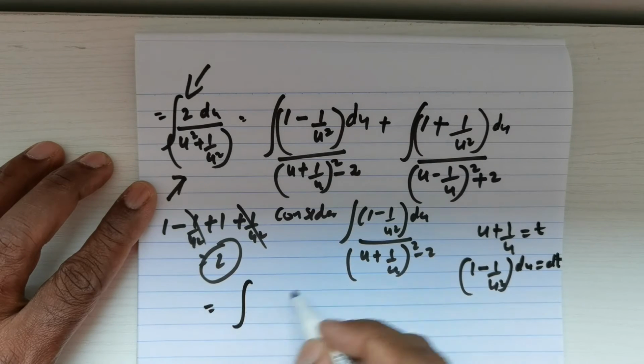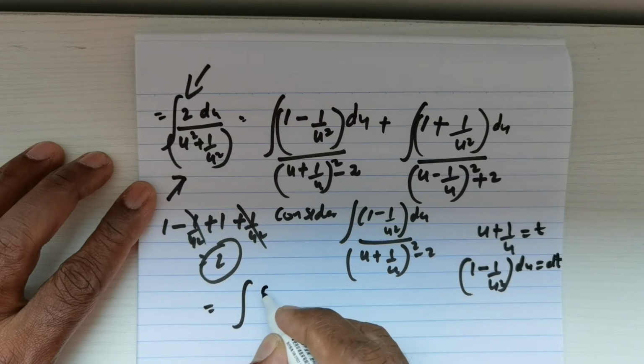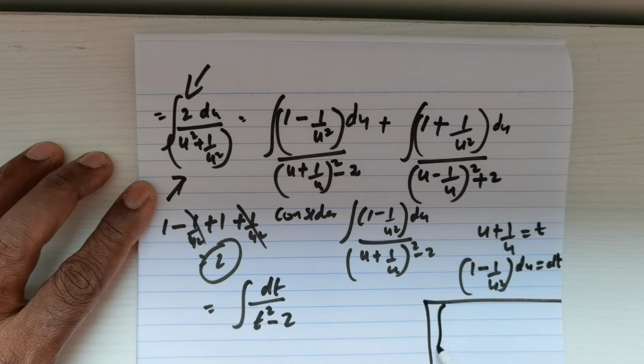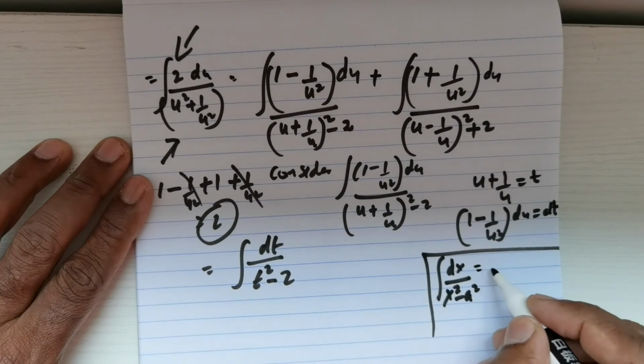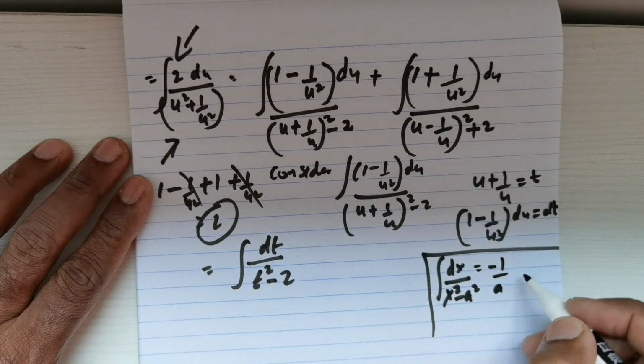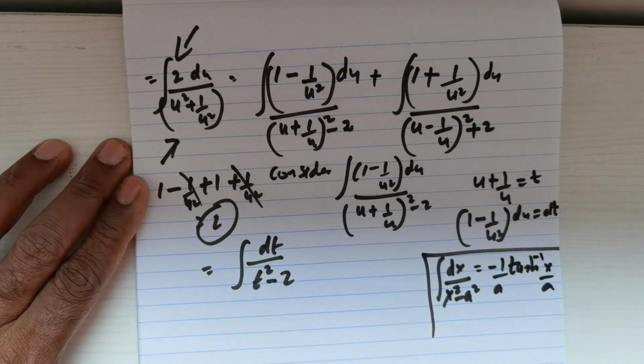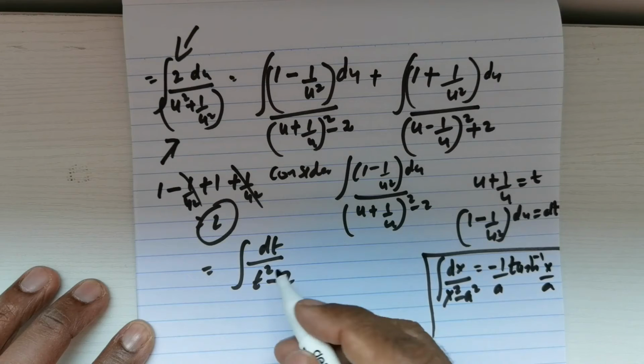So you can substitute it there, and that would give you dt divided by t² − 2. Now there is a formula which states that the integral of dx divided by x² − a² is −(1/a) hyperbolic tan inverse of x/a. This is the formula I would be using.